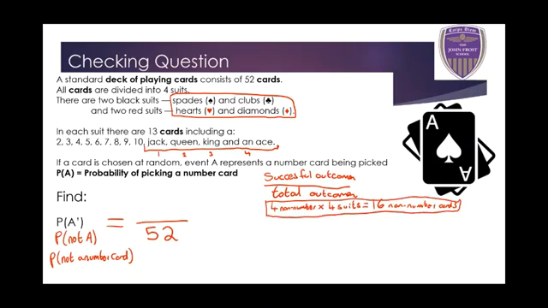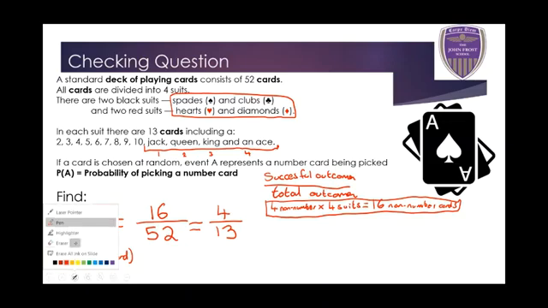So we've got 16 over 52. We need to simplify this fraction now. 4 goes into both of these numbers. There are 4 4s in 16, and there are 13 4s in 52. So hopefully you got 4 over 13 as the probability of not getting A.